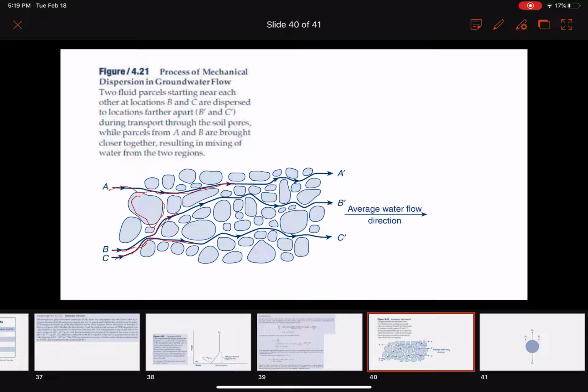Of course, this movement is due to transport through the soil pores. While parcels A and B are sometimes far from each other, the outlets come closer together, resulting in a mixing of water from two regions. This is what I mean by the process of mechanical dispersion. Sometimes the water is far away, but comes at the end to mix at the same site, and sometimes they are close to each other but disperse far away from each other.